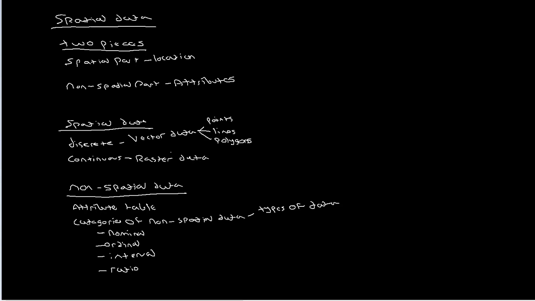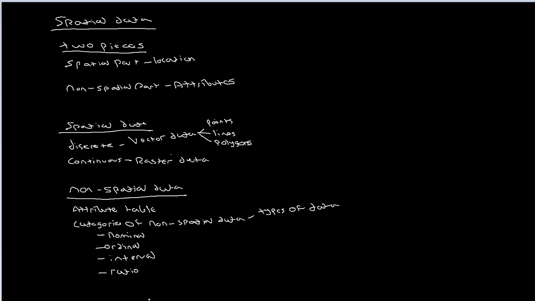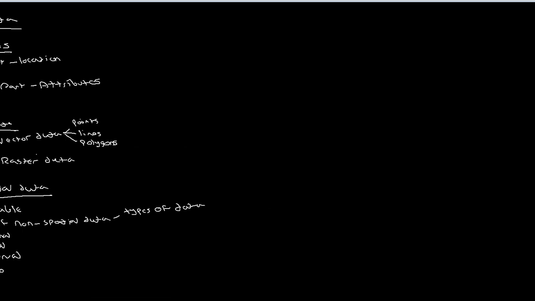And in this lecture video, I want to dig deeper into this idea of spatial data by talking about the differences between discrete spatial data and continuous spatial data, and what the spatial part of spatial data actually means. Let's go ahead and give ourselves a little bit of room here.